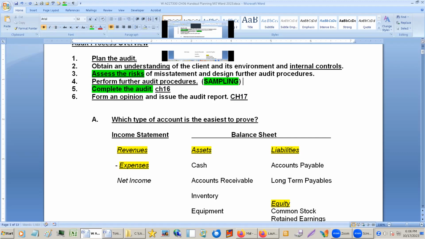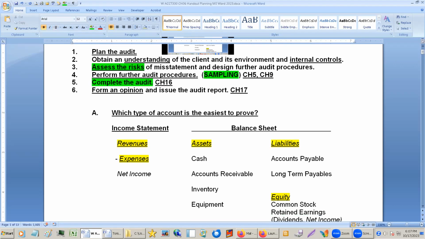Our procedures, this is Chapter 5 mostly, and Chapter 9. Okay, those aren't capitalized. Okay, there we go. So this is what we're going to start doing.